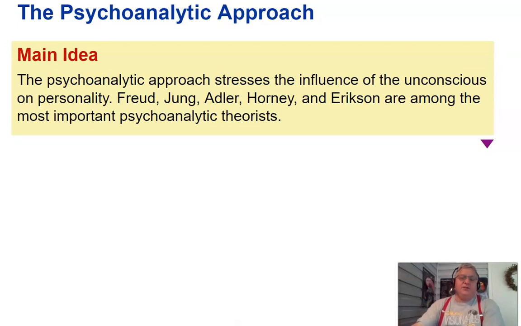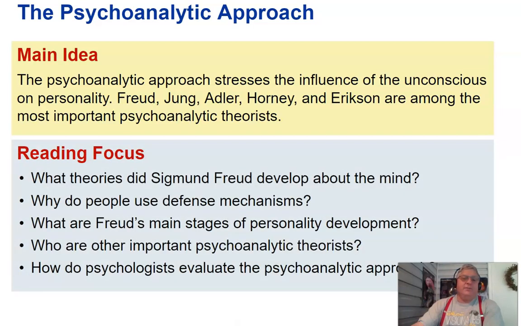So in this section, what we're going to talk about is the psychoanalytic approach to personality, and it stresses the influence of the unconscious on personality, and it was proposed by the great psychologists Freud, Jung, Adler, Horney, and Erikson. These are among the most important of the psychoanalytic theorists.